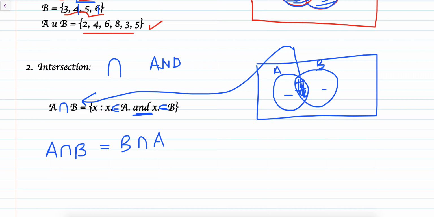That is, whether we write 2, 4, 6 or 4, 2, 6, both are the same. Both are conveying the same information, the elements common to both A and B, and this is called the commutative law. So this property of intersection is called the commutative law.